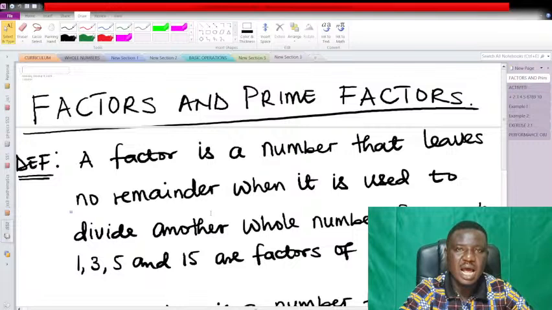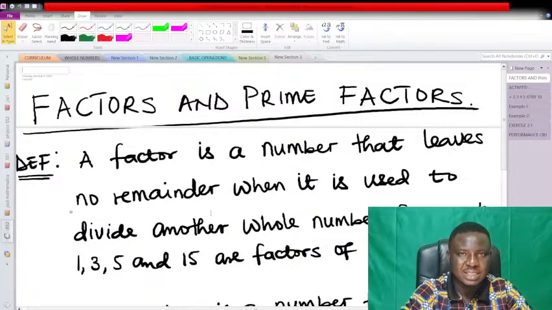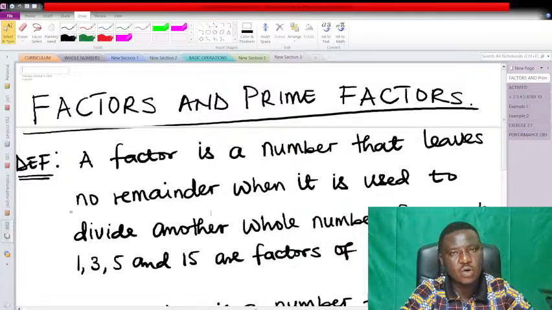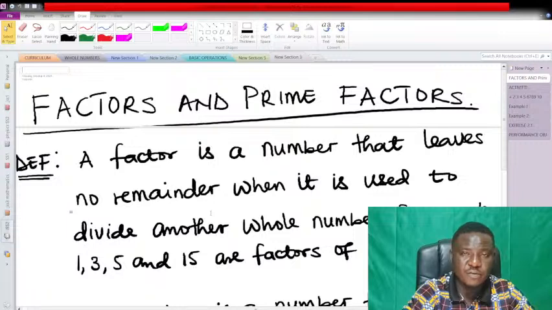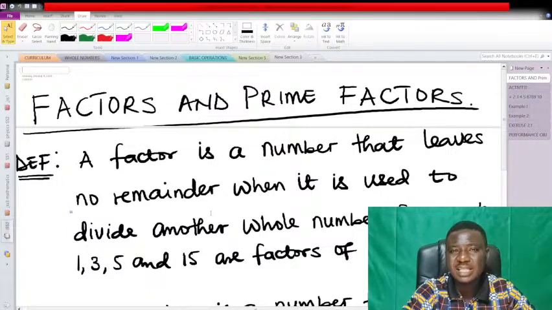Factors are always equal to or less than the whole number. And I gave an example that 1, 3, 5, and 15 are factors of 15. Why are they said to be factors of 15? They are called factors of 15 because they can divide 15 without a remainder.